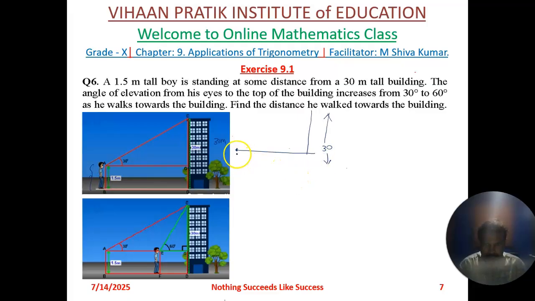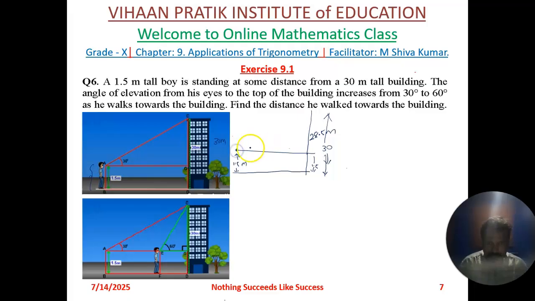But the height of the boy is 1.5 meters. So we try to subtract this height from the total height of the tower. When we subtract 1.5 from the total height of the tower, 30 minus 1.5, the answer is 28.5 meters.